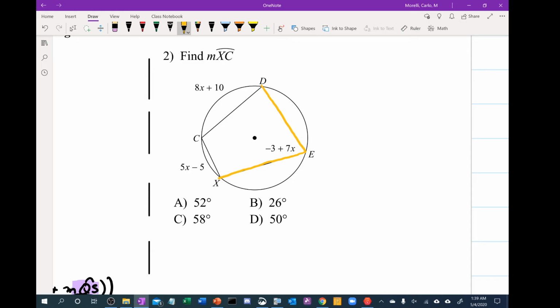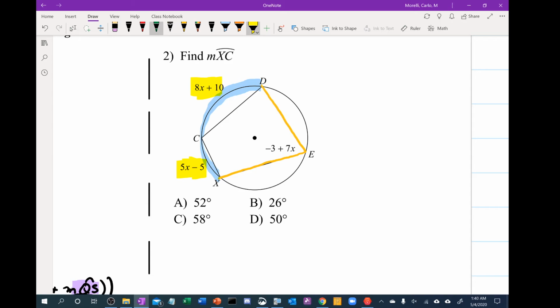So what we can say is that whatever angle E's measure is, twice that angle will be the measure of this arc all the way from D all the way to X. And we are given those measures in algebraic form. Okay, so what we have to say is the measure of angle E is equal to half whatever the measure of this whole arc is.